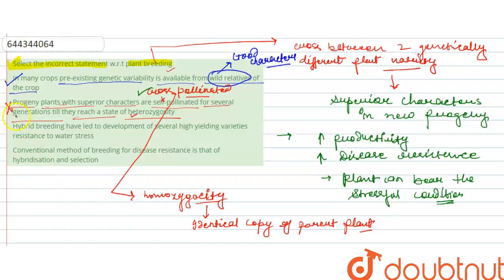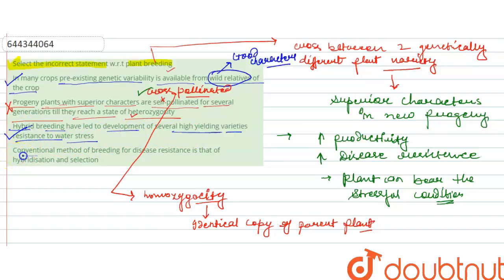Next is: hybrid breeding has led to the development of several high-yielding varieties resistant to water stress. As I told you, higher-yielding varieties resistant to water stress are among the characters plant breeding helps with.